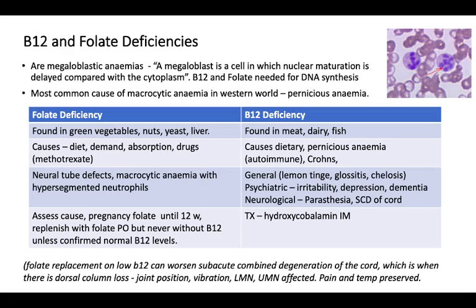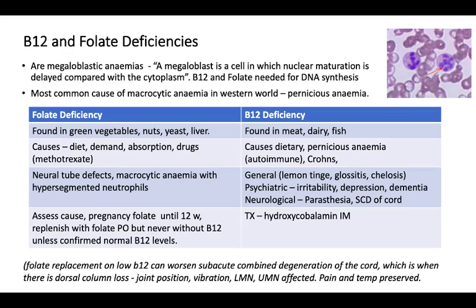In terms of treatment, how would you treat folate deficiency? You do the same thing again: you want to look for a cause and try to rectify it. In pregnant females, as I said before, and in others who have folate deficiency, you can replace folate orally. But importantly, you should never give folate on its own without B12 unless you have confirmed that the patient has normal B12 levels.